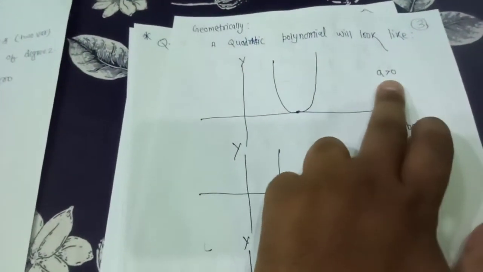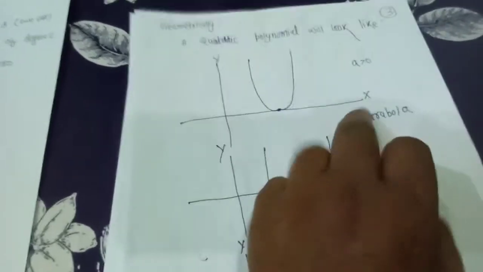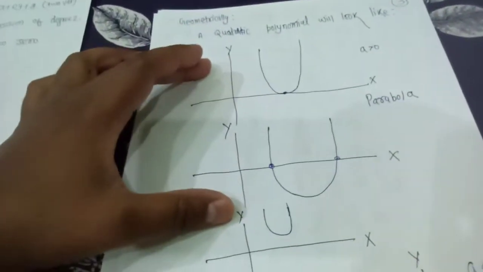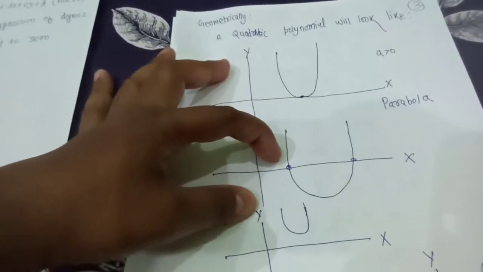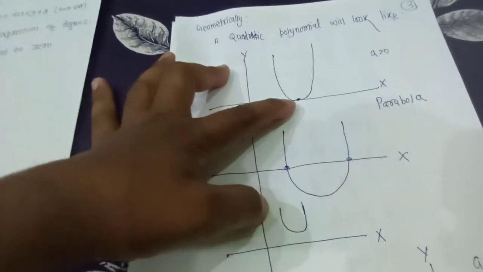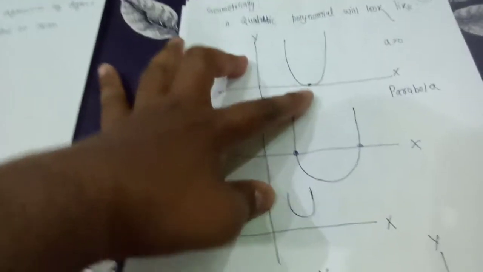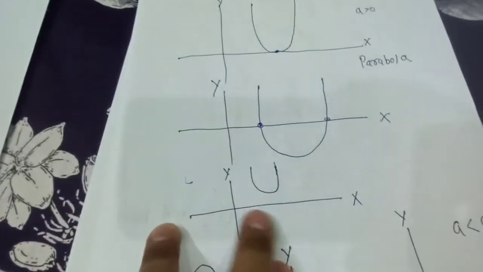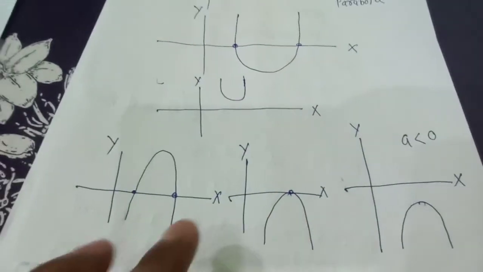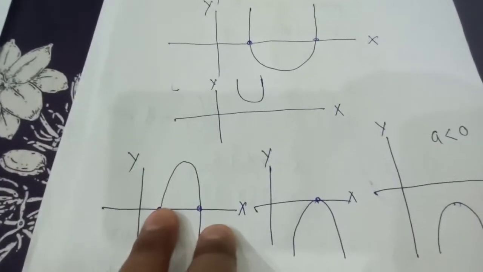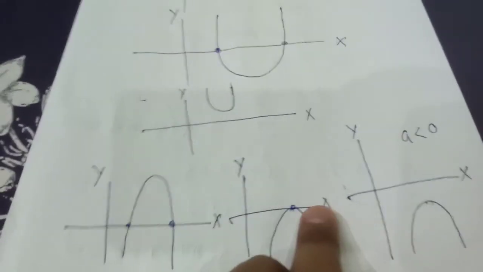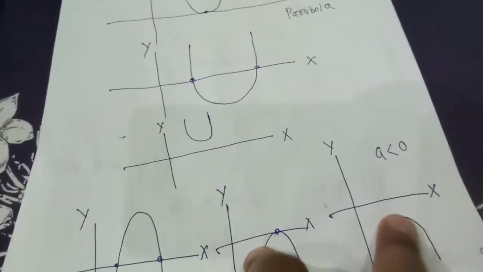So in the case where the coefficient of x square is positive, these three cases arise. It will have either two distinct zeros, two identical zeros, or no zero. Similarly, for a negative number a, we will get two distinct real zeros or two identical zeros or no zero.